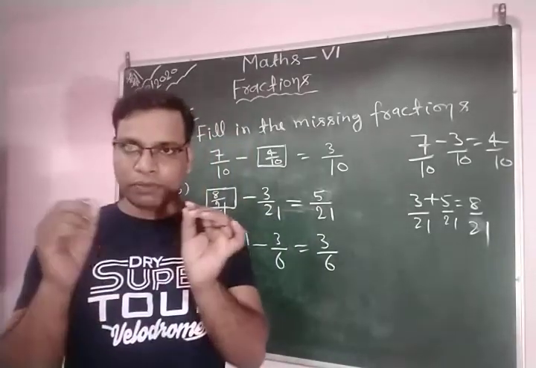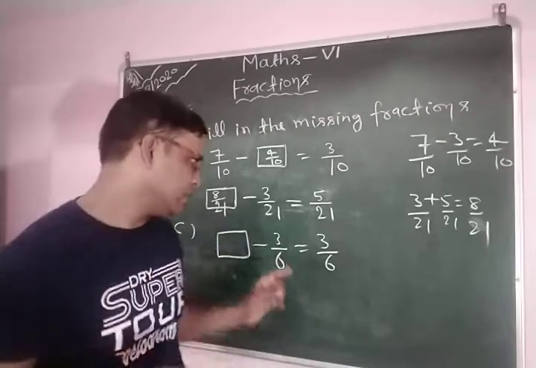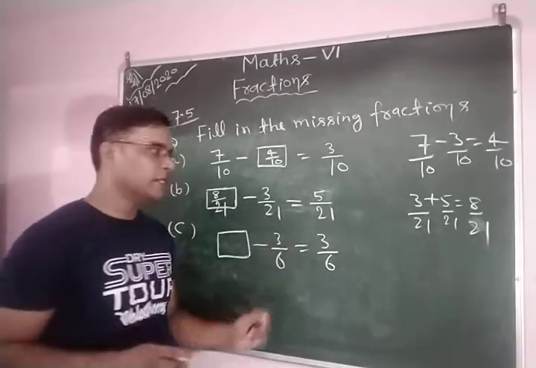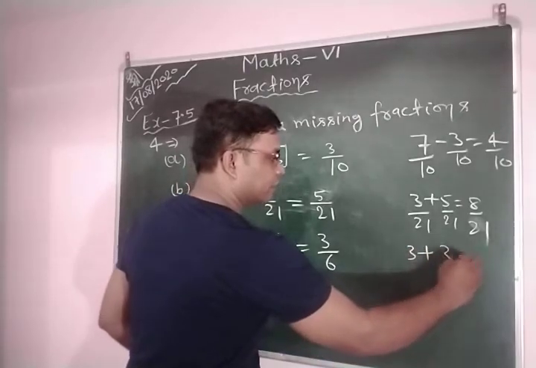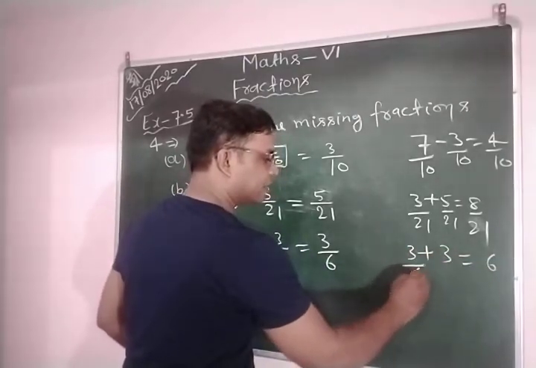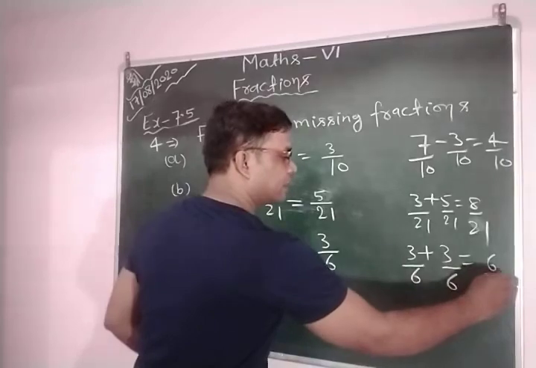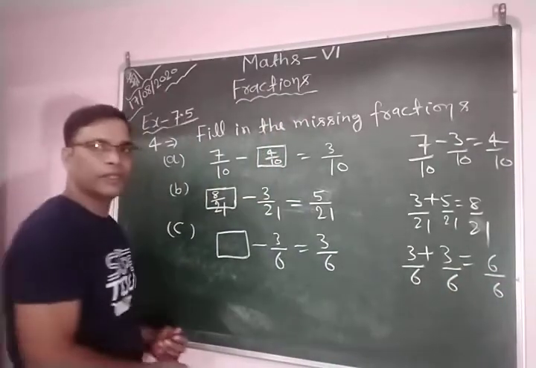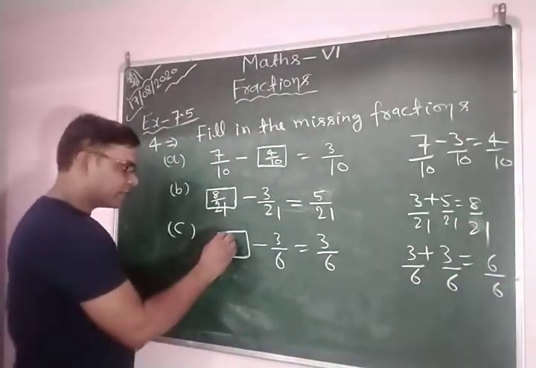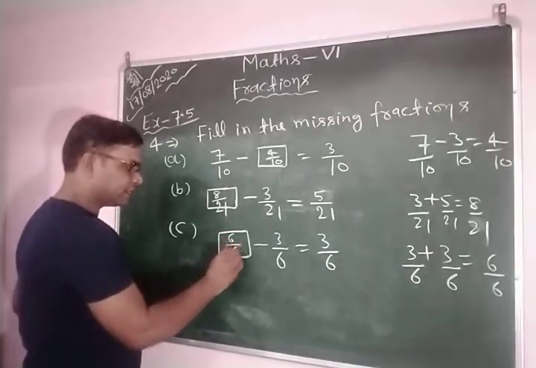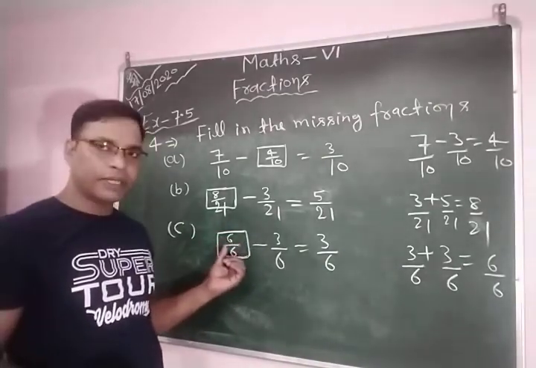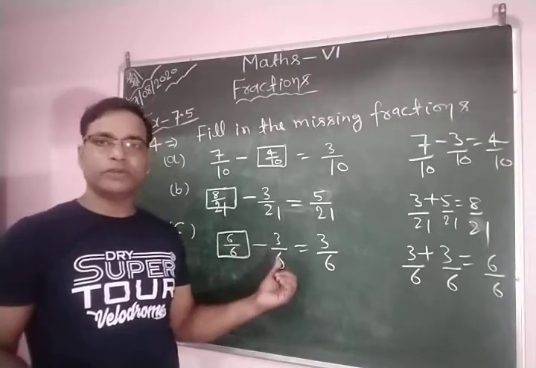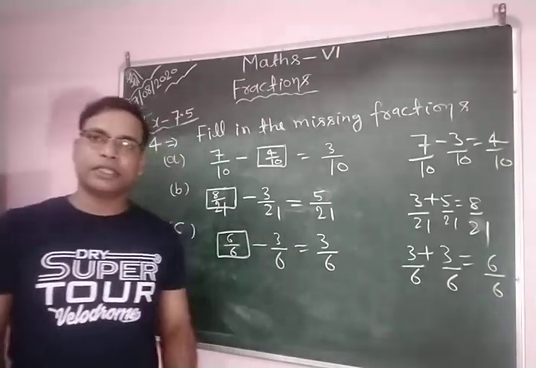It means that 3 plus 3 is equal to 6. You can write it as 3 by 6 plus 3 by 6 is 6 by 6. So here you can write 6 by 6. If you subtract, 6 by 6 minus 3 by 6 is equal to 3 by 6.